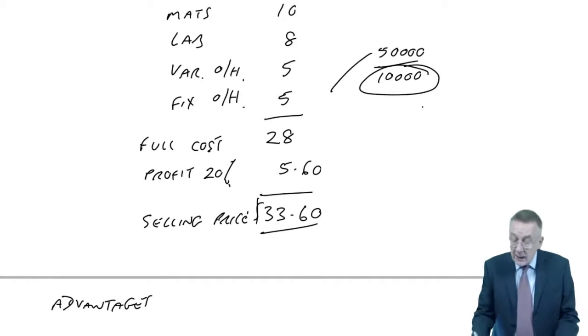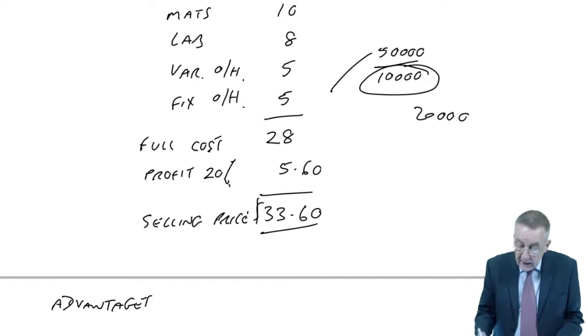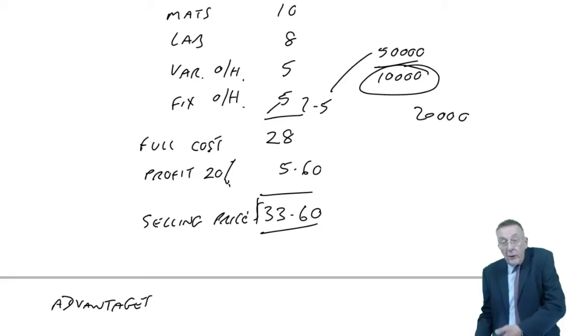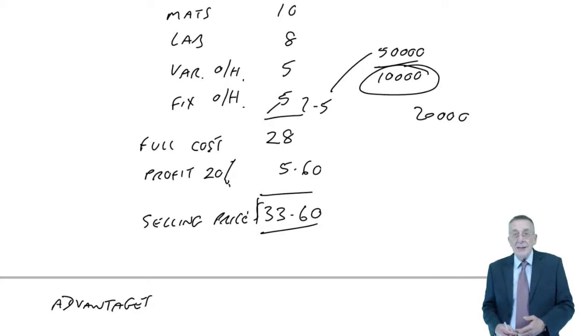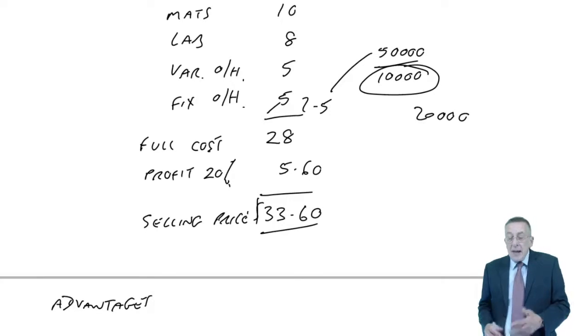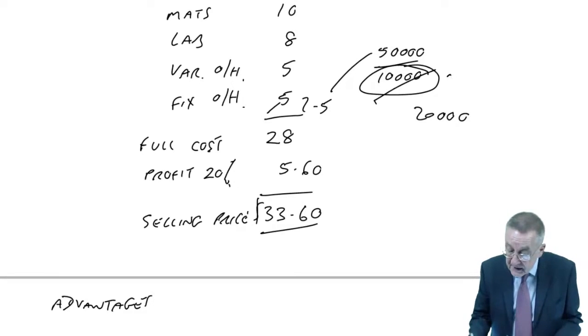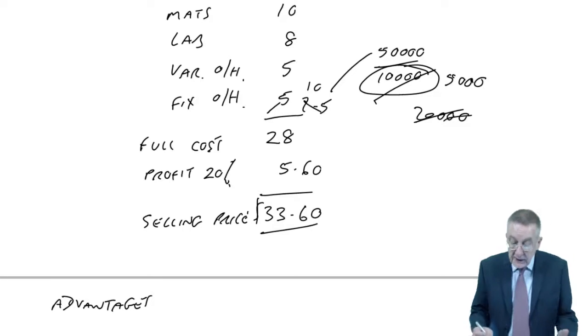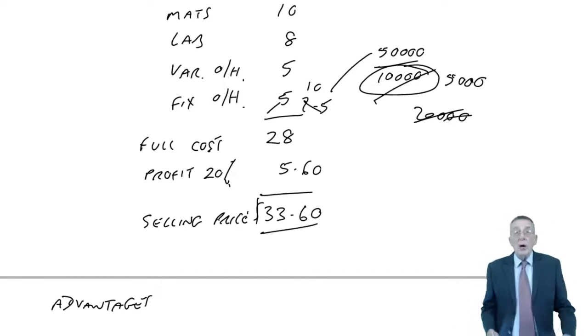If we actually sell 20,000, then of course the fixed overheads only become $2.50 a unit. The cost becomes lower. We could afford to charge a lower price. On the other hand, if we end up selling less, if we only sold 5,000, the fixed overheads would be what, $10 a unit. The cost goes up a lot more, and we should be charging a higher price.